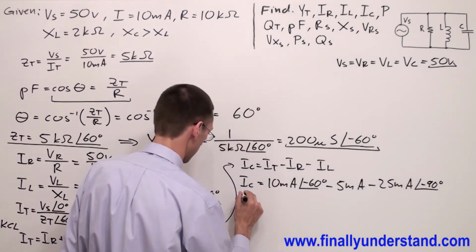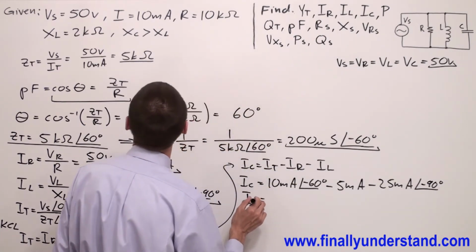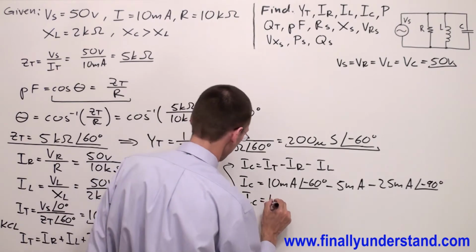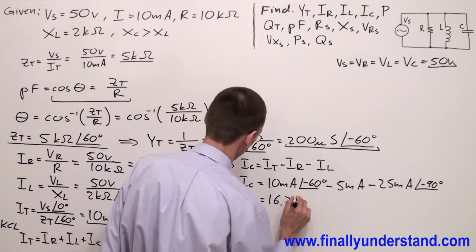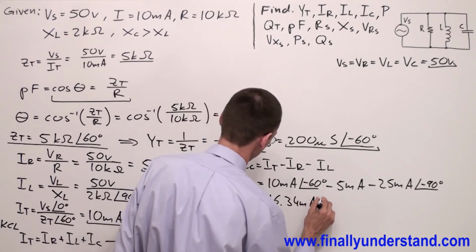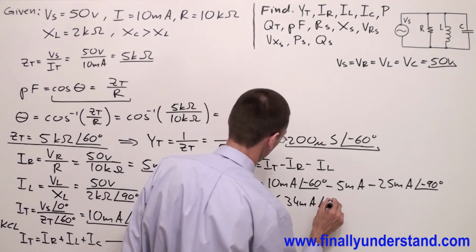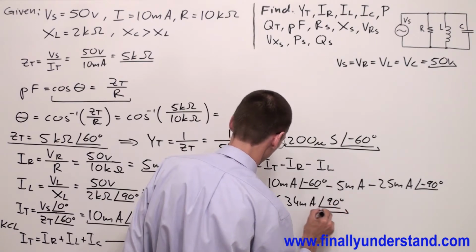So IC is equal 16.34 milliamps and angle of 90 degrees.